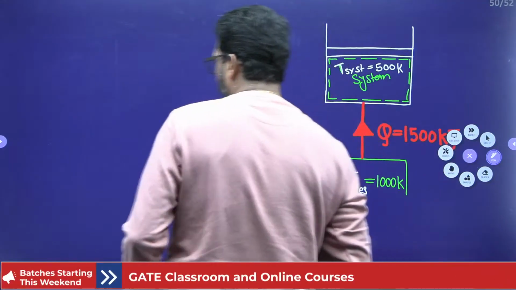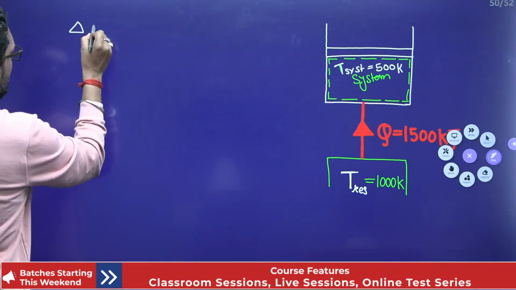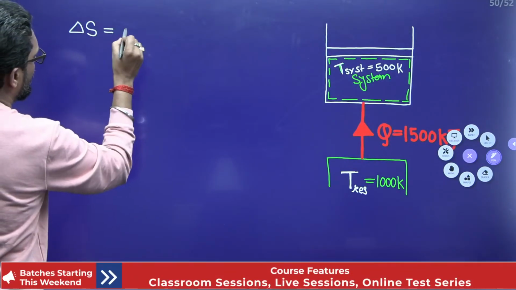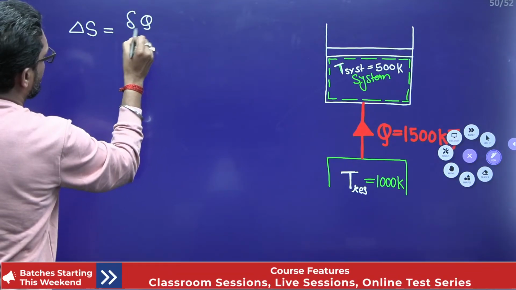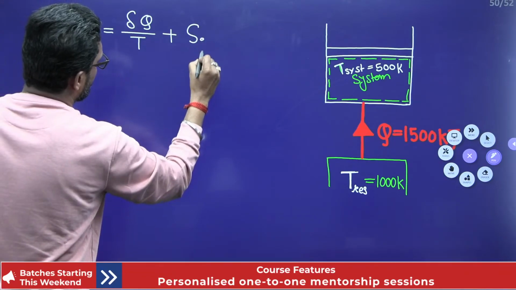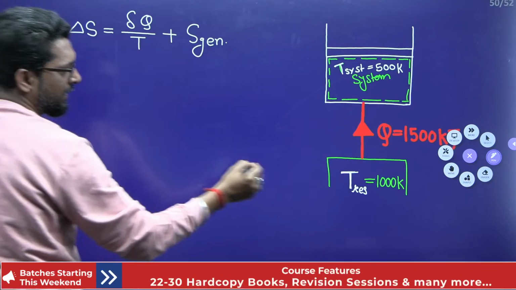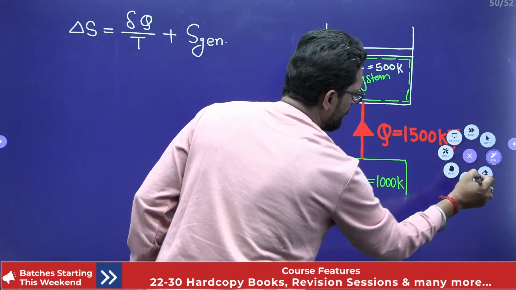Okay, my dear. Now, if we write the equation delta S is equal to delta Q by T plus S generation, entropy generation.